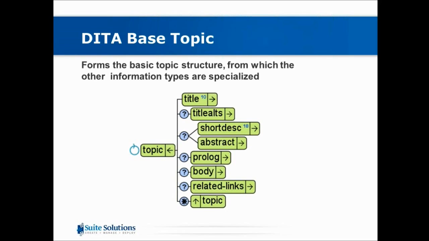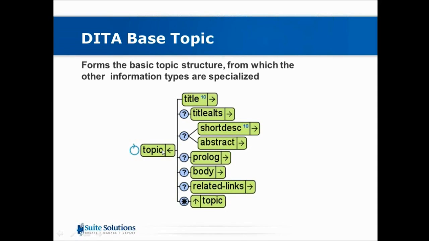Okay, a DITA-based topic, like the mother of all topics, consists of basically a title, a short description, a prologue, which might have some metadata information, we'll get to that, a body, and maybe some related links. This really represents a tree structure of the document.